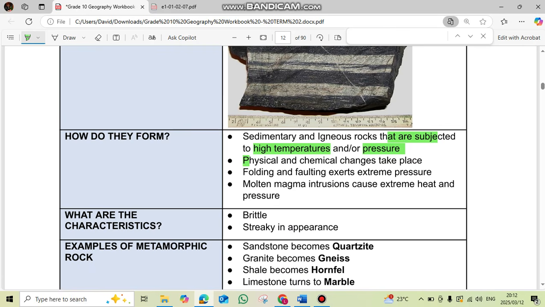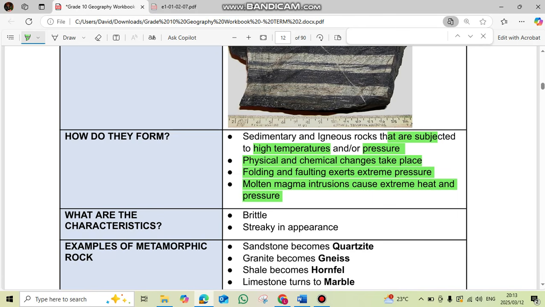We have physical and chemical changes that take place. We experience folding and faulting, which causes extreme pressure. So that is referring to the movement of our plate tectonics. And then molten magma intrusions cause extreme heat and pressure. So that refers to when magma pushes up from the mantle onto the surface.